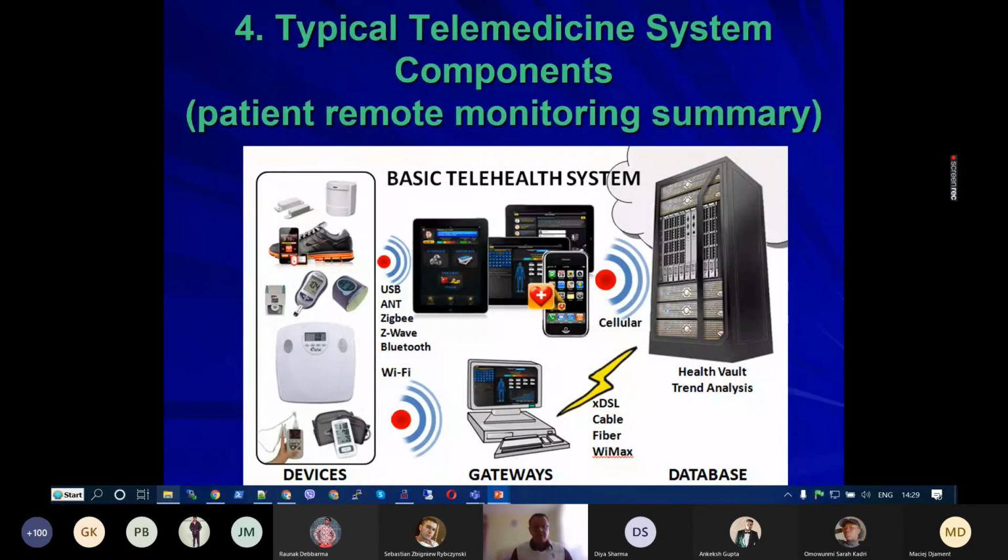So here is how modern remote monitoring could look. It's collection, via wireless communication channels, of information from various devices, which are typically wearable devices available to the patient.